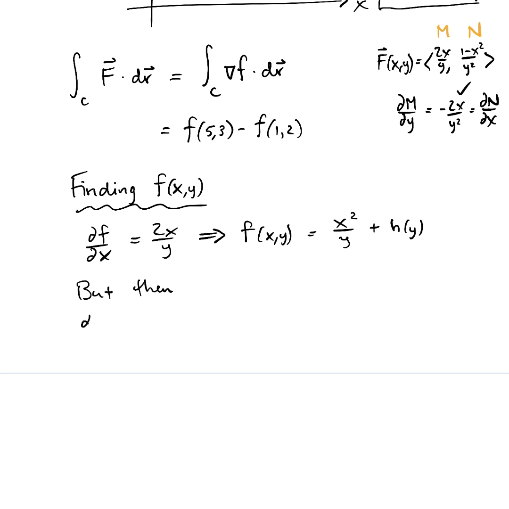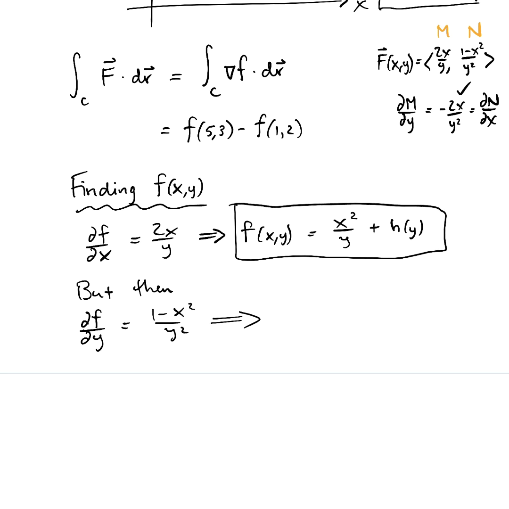But then if you want df dy to equal what it's supposed to, so 1 minus x squared over y squared, well, okay, hang on a sec. Look at the left-hand side of that equal sign, df dy. This is f right here. So df dy, differentiate that with respect to y.